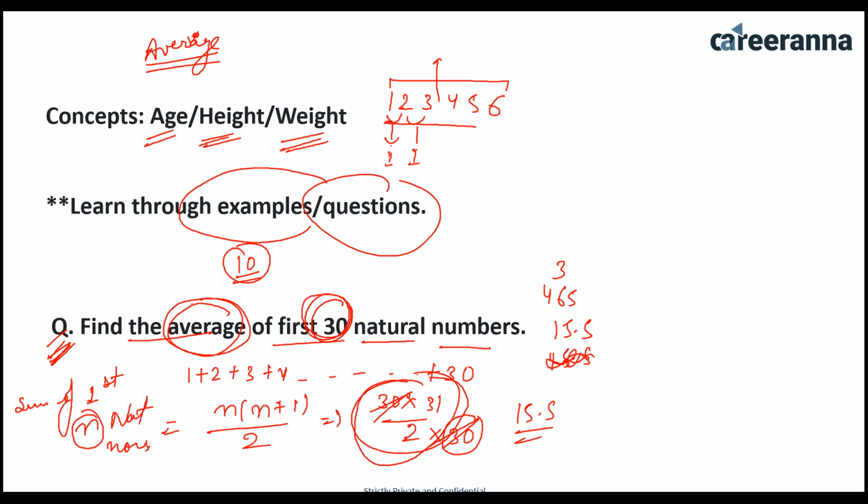Guys, let me explain it again. I think a lot of you are confused here. Okay, so first 13 natural numbers. I told you there is a formula n times n plus 1 divided by 2, where n equals the number of terms.